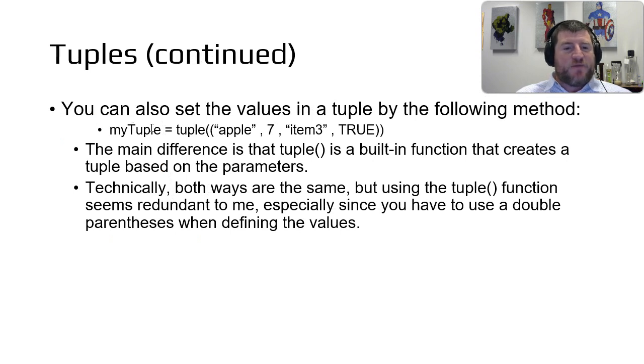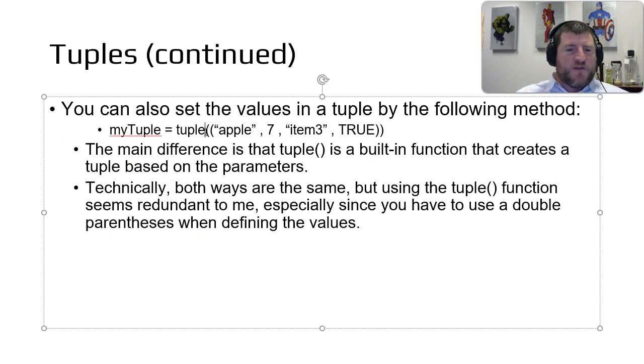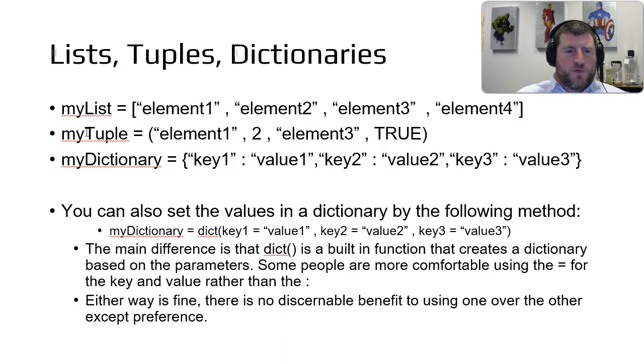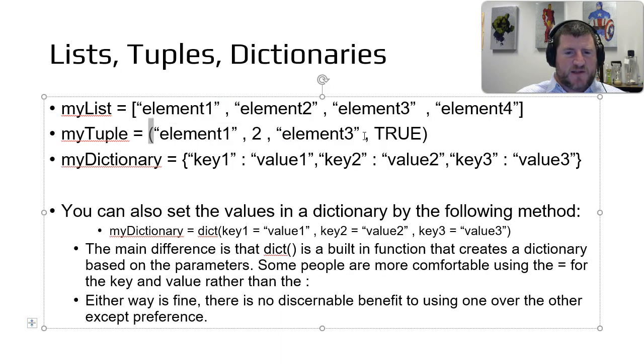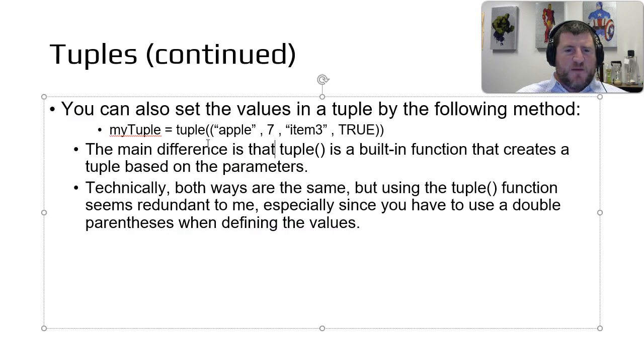Tuples do the same thing. There is a tuple function that allows you to set my tuple equal to tuple and then whatever the values are. The main difference is, of course, a tuple looks like this: parentheses, elements, and close parentheses. Because tuple is a function, you're going to have double parentheses on the front and the back when you run tuple.